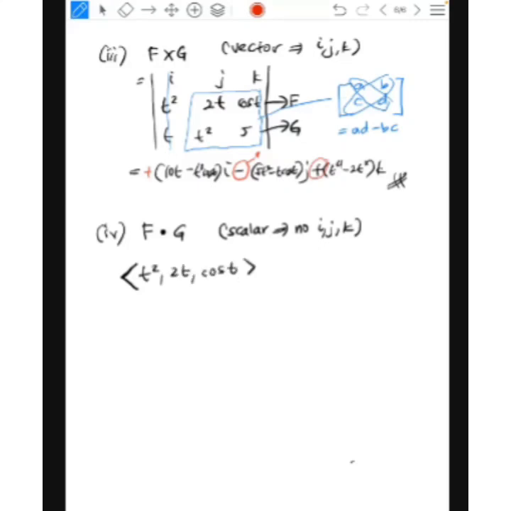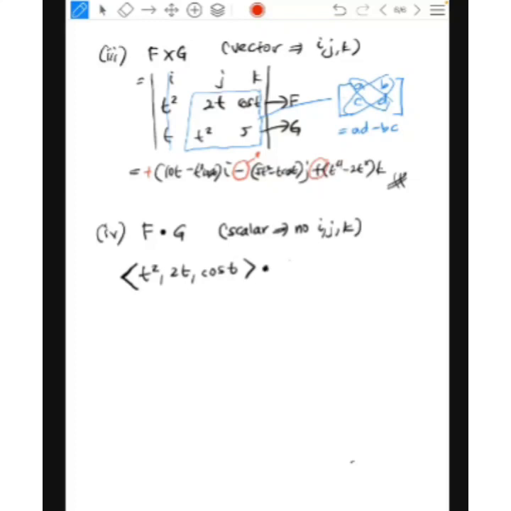So if you look here, if I use a bracket to write my vector, I don't write the IJK. Okay, you don't write the IJK and you don't write the plus minus. The plus minus is not needed, except if it is minus, you take the minus as part of the term. Okay, you only put the terms separated by commas.